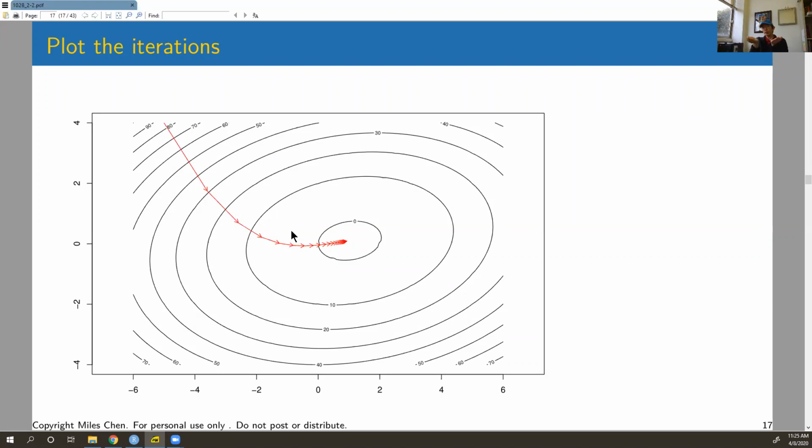The surface gets less steep and more shallow, and the size of the gradient is related to how steep the slopes are. So as we get towards the minimum, your gradients get smaller, and therefore the steps that you take get smaller as well.